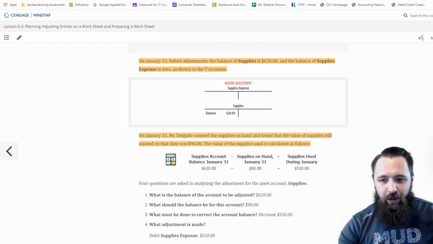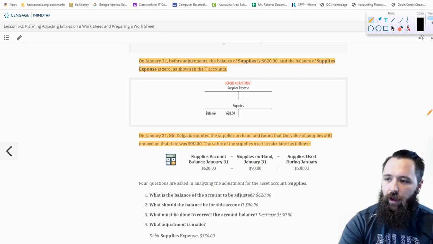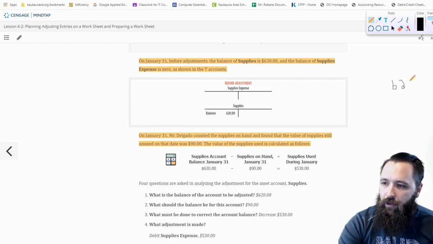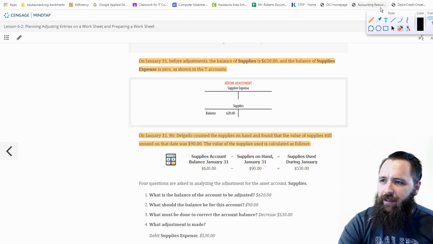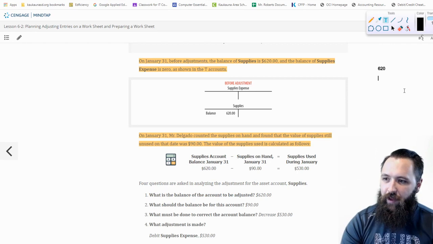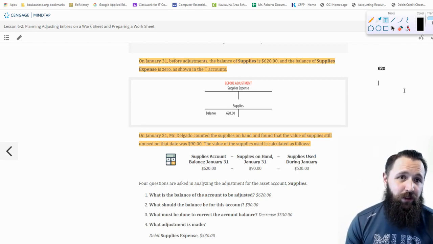When you look at this number right here, the 620, let me just try something. I don't know if it'll work very well, but it's going to get a little ugly here with this writing, right? So we have 620. Oh man, that's pretty bad. Let's erase that. Let's get that off the screen. Let's do this instead. So we have 620. Now this 620, this is the supplies that we have on January 31st.